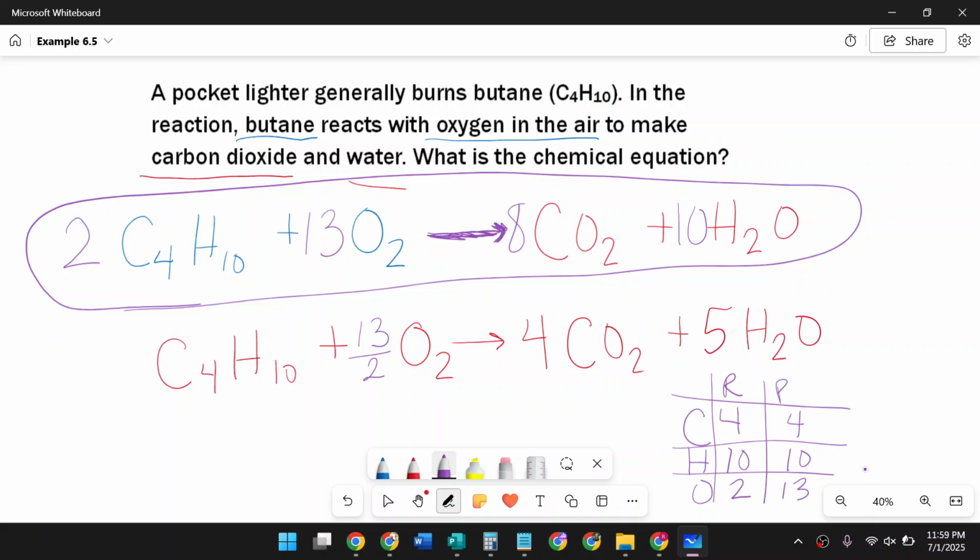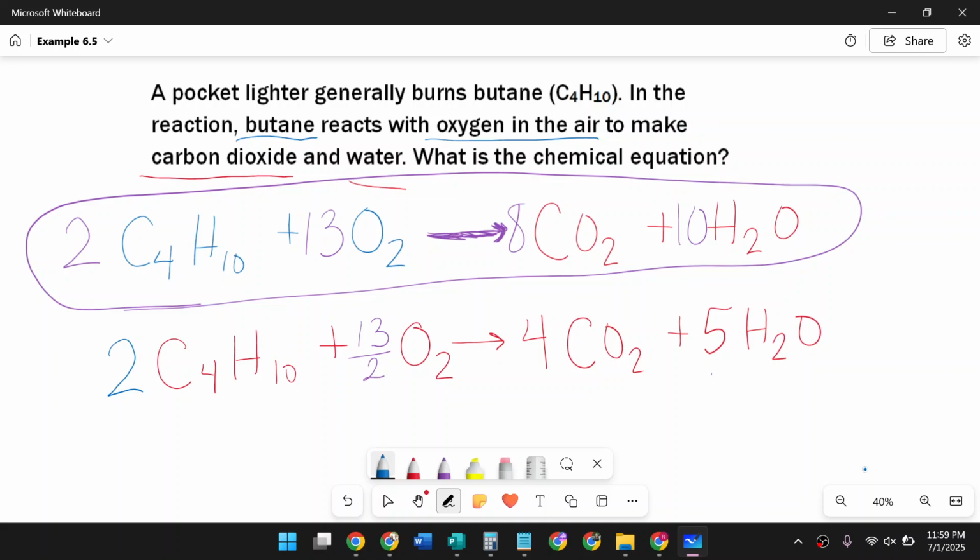However, you can't have a fraction of a molecule, and so at this point, this is where the problem went through and doubled everything. So this became a 2. The 13 over 2 became just a 13. This 4 became an 8. And this 5 became a 10.